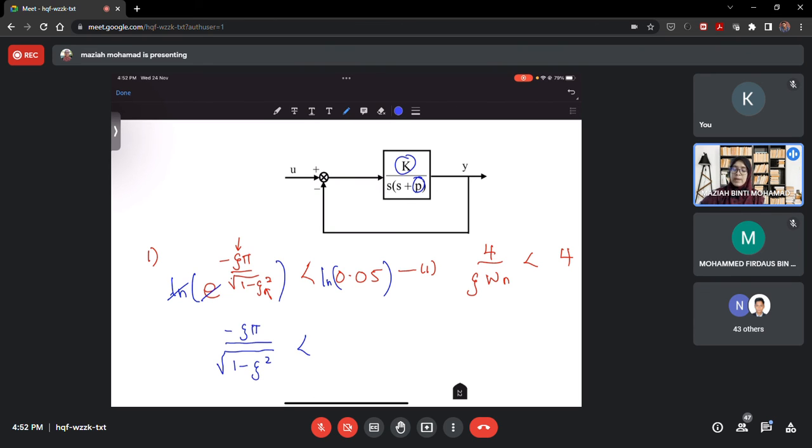Okay, what will be the value? Ln 0.05 is negative 2.996.